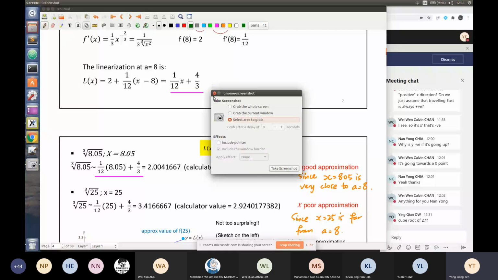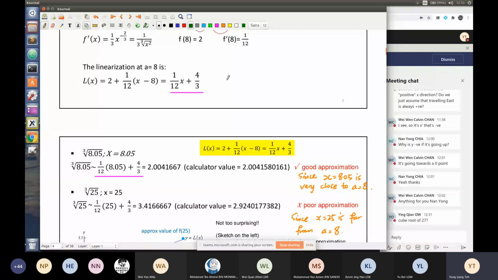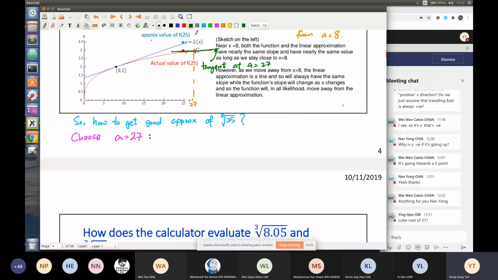So we have 1 over 3 x to the power minus 2/3. Let's calculate, we just prove it to you. So f prime of x is 1 over 3 x to the power of minus 2/3. So what about your f prime of 27? Choose a equals 27. So this is going to be giving me 27 to the power minus 2/3.